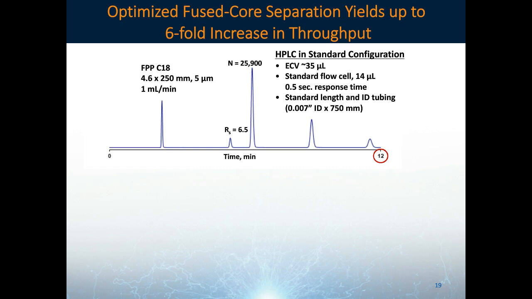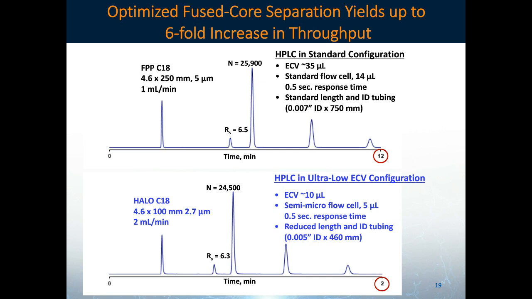So with this, you're getting the separation done in 12 minutes, compared to when you switch to the Halo SPP column. Not only are you using a shorter column in 4.6 by 100 millimeter dimension, but you're also able to use a faster flow rate. So you can see the total runtime is reduced to 2 minutes, so that gives you your 6-fold increase in throughput. And you're able to maintain the resolution between peaks 2 and 3, and also maintain the plates.